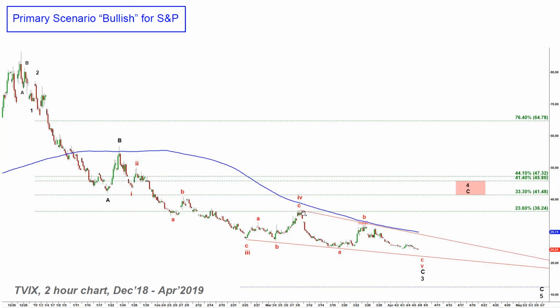Again, it first would be targeting this area, the previous pullback in wave B of 5, and the major target for that corrective move up would be that point, 36.24, which was the top of the preceding wave 4 up of a lower degree, and it can go as high as this point. So invalidation point for that 5 wave down fractal would be that corrective wave B of 3 up.